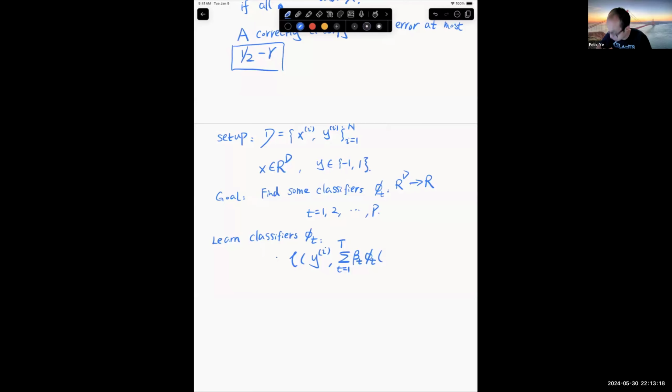So this is my ultimate goal. I want to find this phi_t such that my loss is minimized. So this will be the argmin over phi_t, which gives my phi_t hat, such that it minimizes this whole loss function.